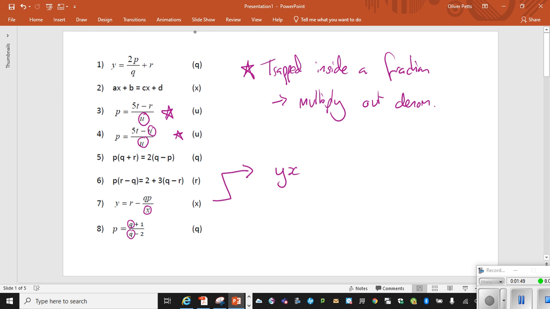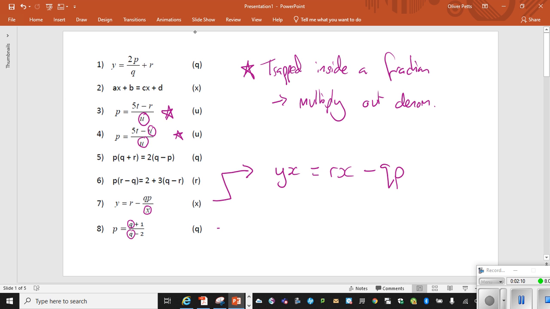Obviously, we could write xy rather than yx. r is also going to get affected because x isn't part of the fraction, so it's going to feel the effects of multiplying through by x. So it removes itself from the fraction, so qp over x will simply become qp. x will appear next to r, x will appear next to y.